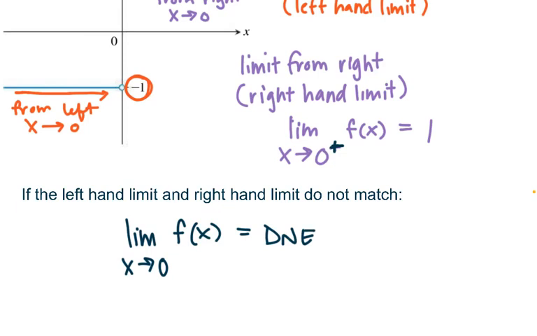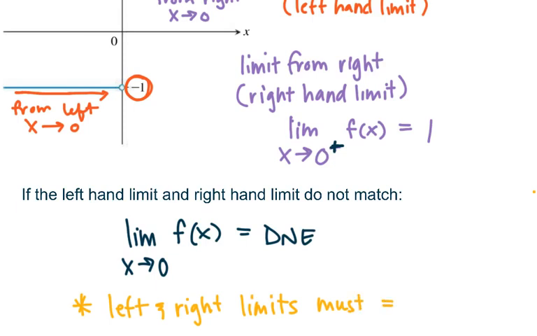So the main point to keep in mind is that for the limit to exist at that x value, we have to have matching left and right hand limits at that value. So the left and right limits must be equal.